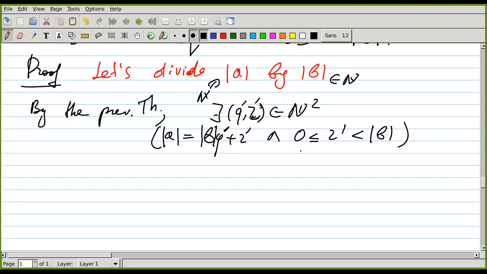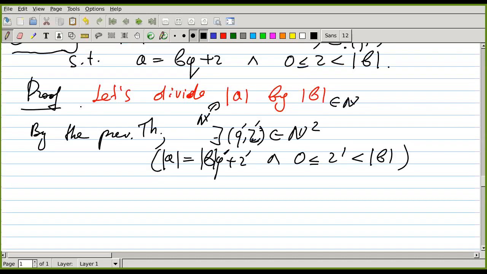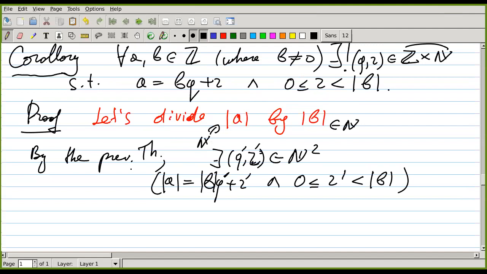R prime is not negative and less than the absolute value of B. And now I want to construct A and B. How is it possible to do so?